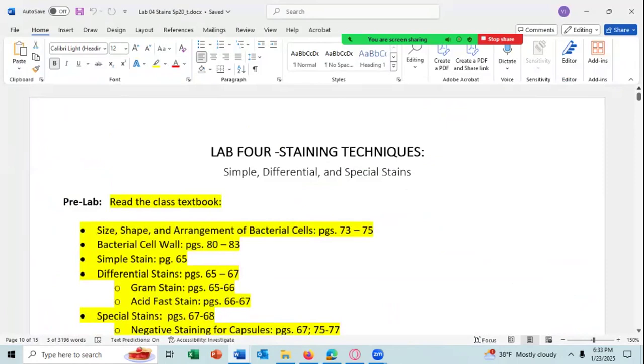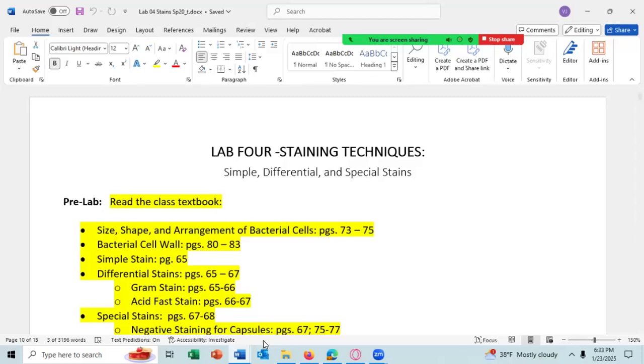We're going to cover simple stains, differential stains, and special stains. As is normal, there is some reading to do in the textbook. This time it's a few more pages than normal, but each of these is really only about a page, maybe 2 pages. You need to read about the size, the shape, and the arrangement of bacterial cells, page 73 to 75. And I'll mention it later on in the lab.